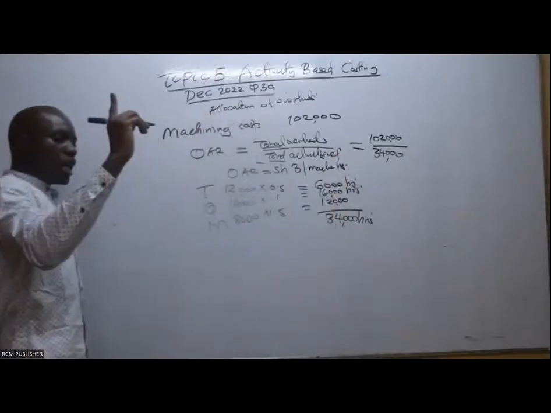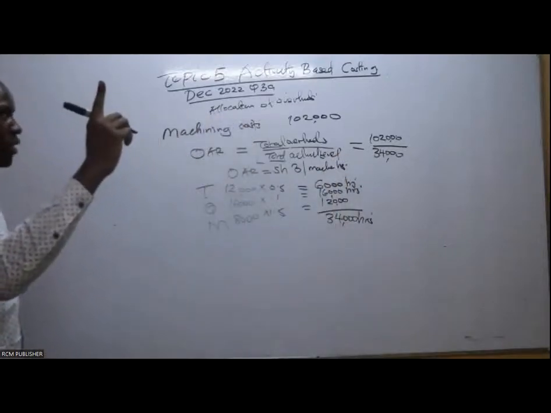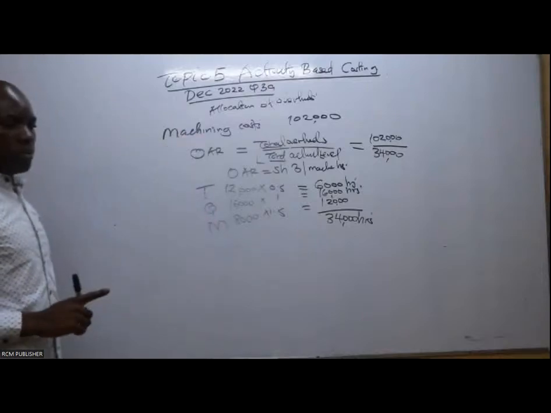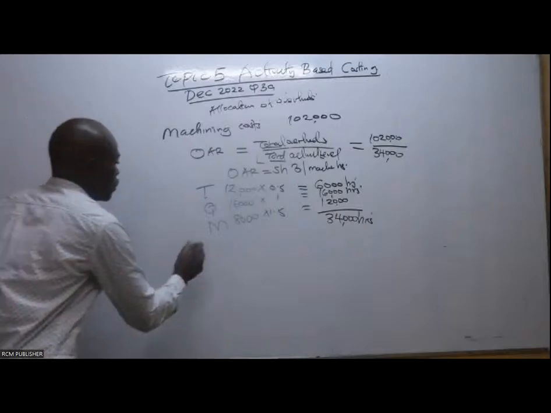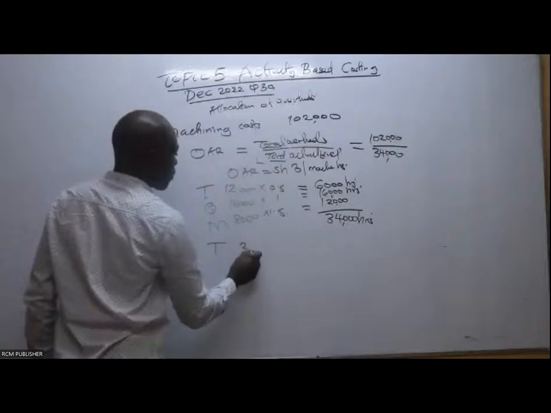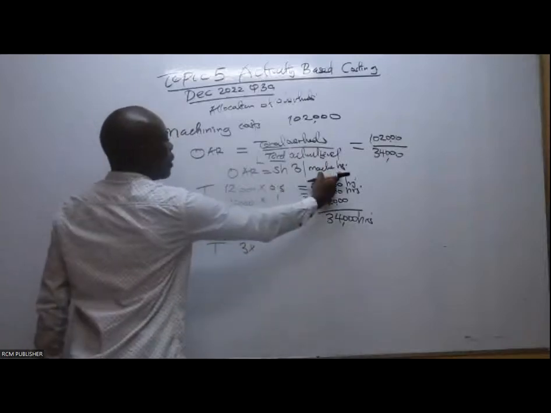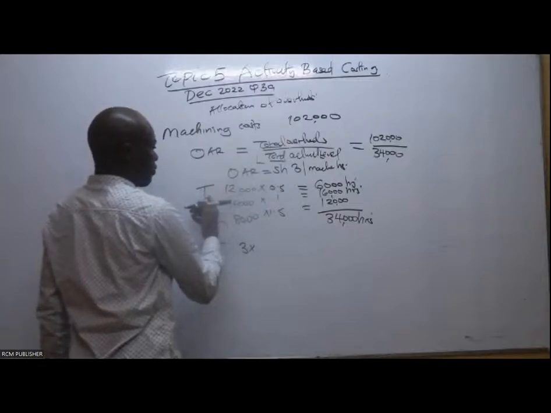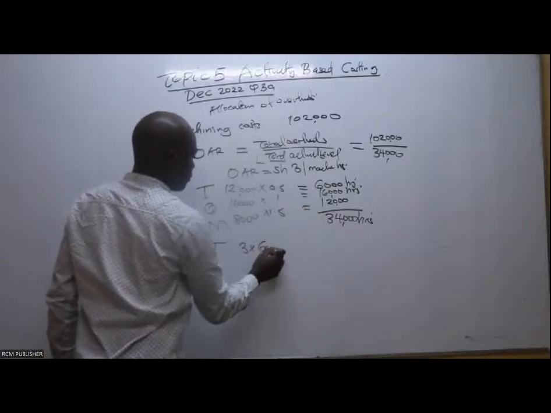So when I'm going to allocate the machining cost to T, Q, and M, T will have the overhead absorption rate, which is 3 per hour, multiplied by the hours taken by product T, that is 6.